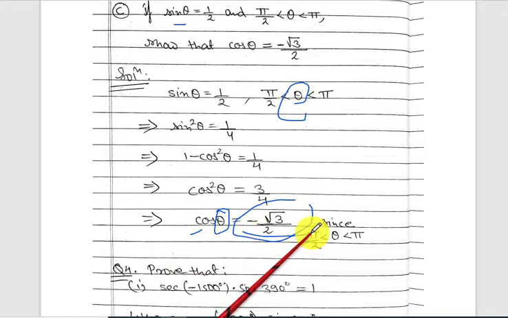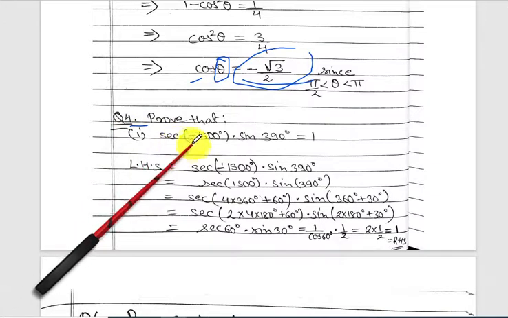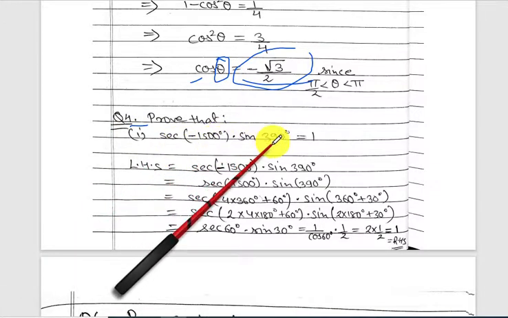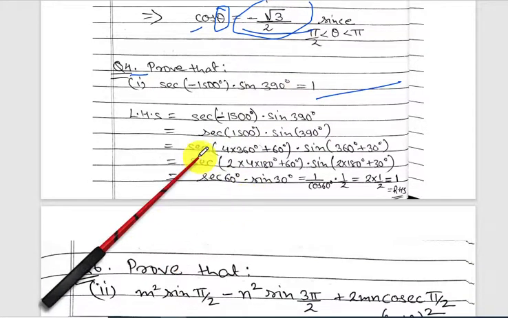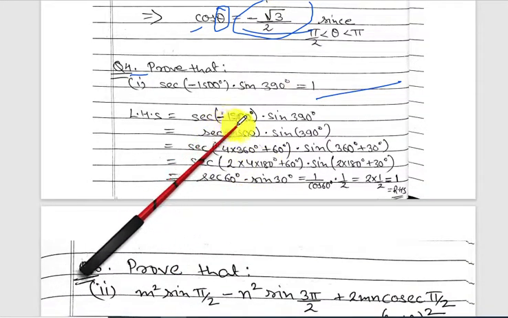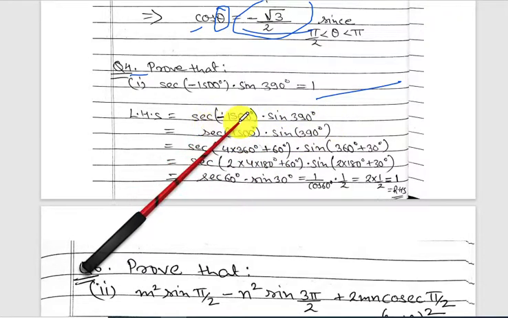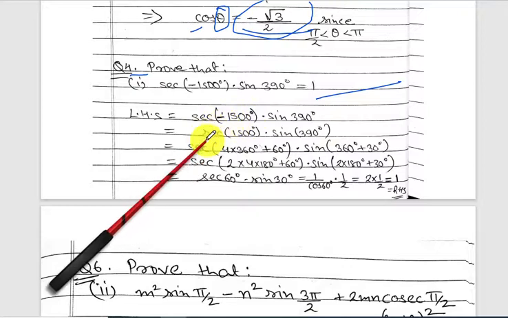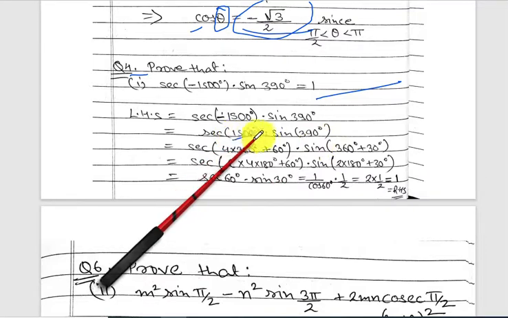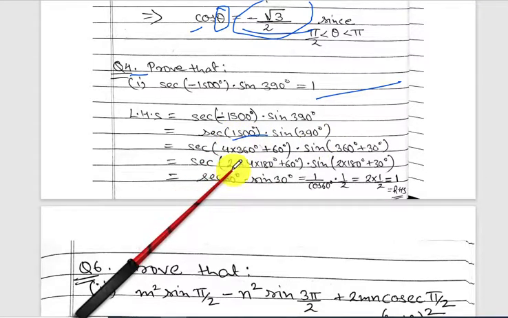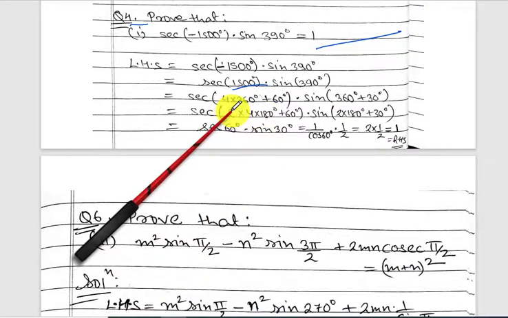Question number 4. Prove that sec minus 1500 into sine 390 equal to 1. So this sec minus 1500 into sine 390, you know that sec minus theta gives you sec theta only. So you get sec 1500 into sine 390. This 1500 can be written as 4 into 360 plus 60 degree.